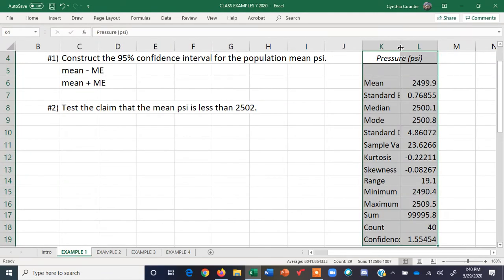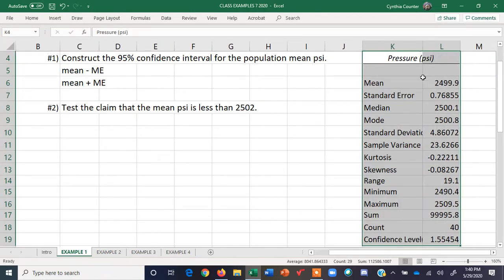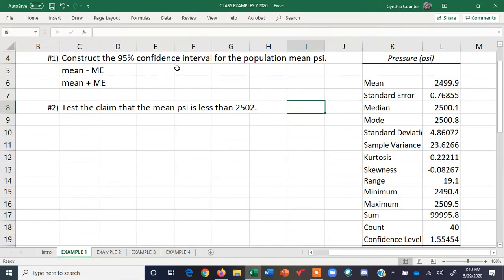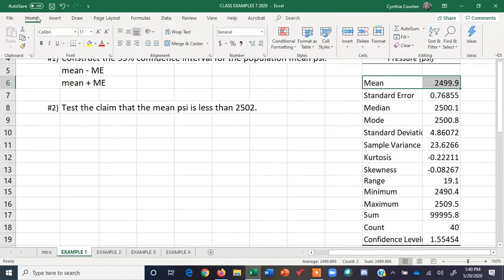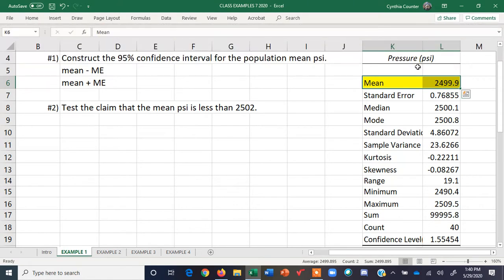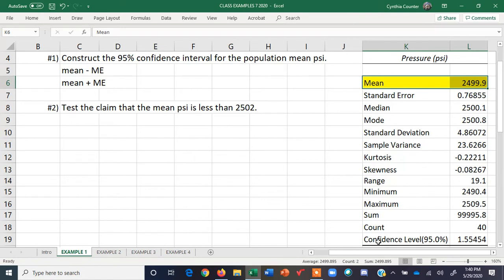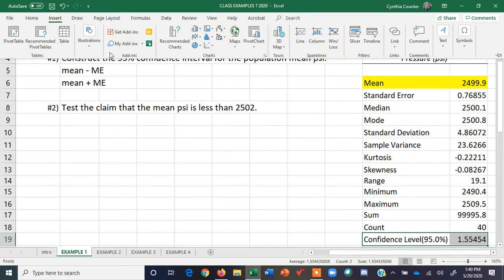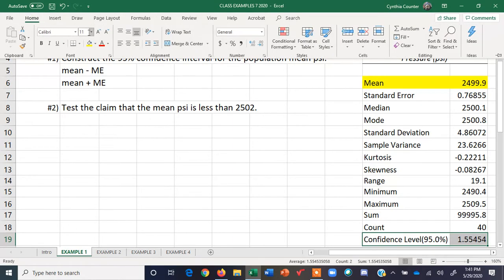And then here's our information, our summary statistics. When we do the confidence interval here, we actually only need two values from the summary statistics. We need the sample mean and we need the margin of error. That margin of error is labeled as confidence level here in the output.